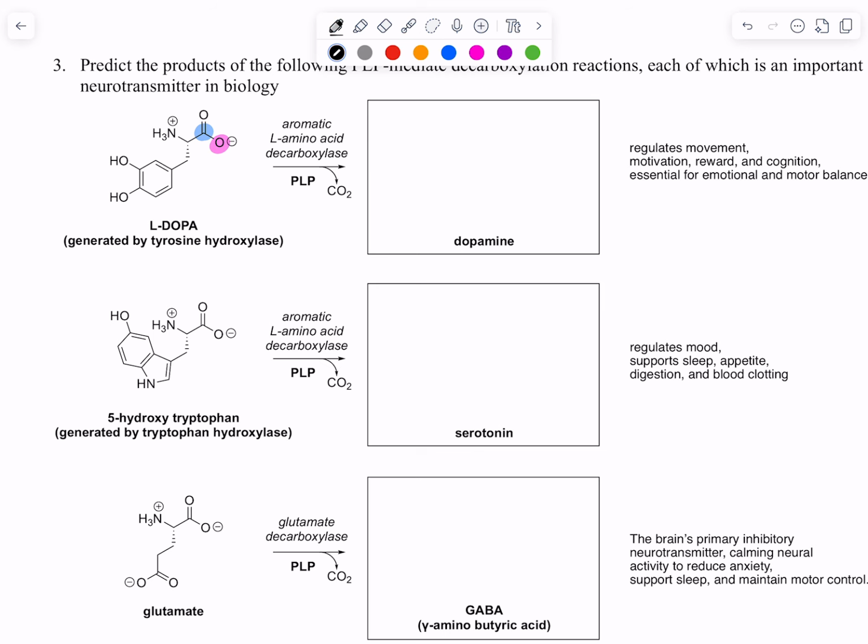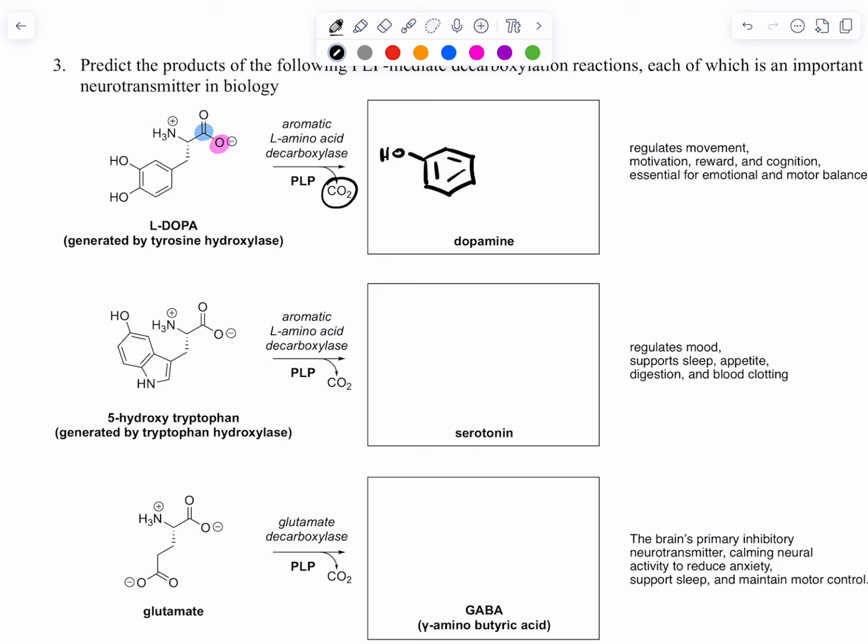Okay, you tell me what to do. So decarboxylated, the whole thing except for, okay, and then NH3.